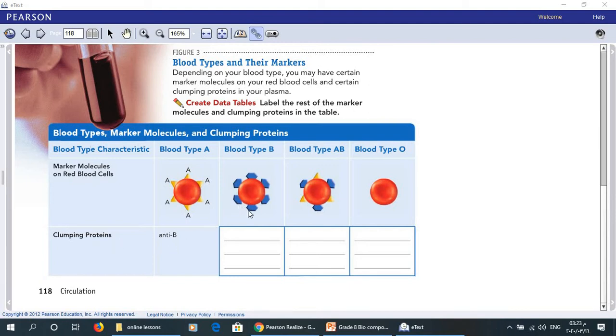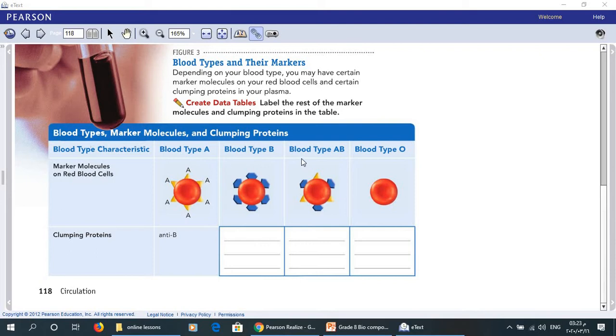Now here of course this marker for type B, here you have to write B. Here in his or her plasma contain anti-A, antibody A, right here, antibody A.